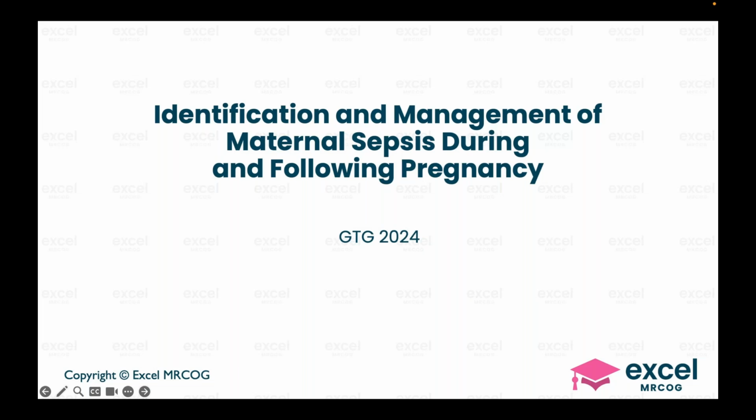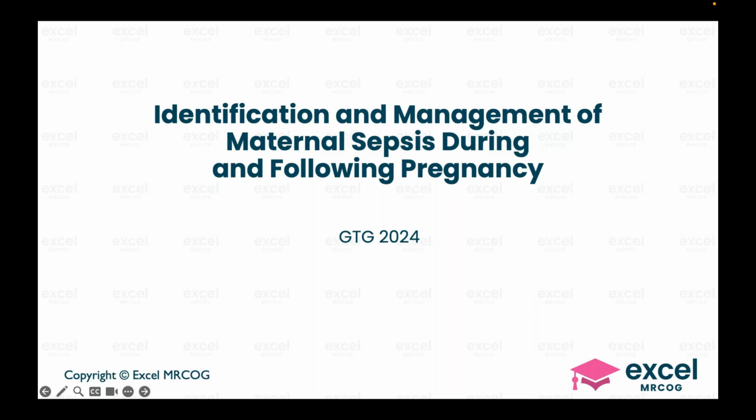In MRCOG Part 2, you could be asked questions about antibiotics specific to particular organisms, what organism would be growing in a particular scenario, and hence it is important that you know the presentation associated with different infections.